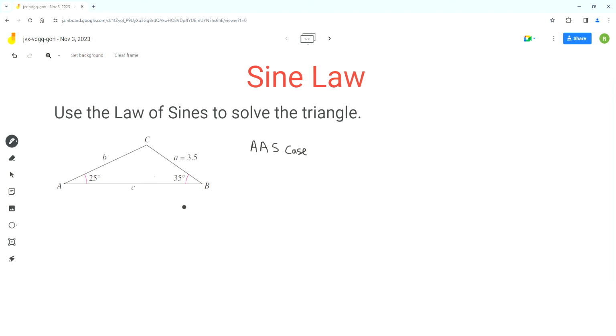Now the first thing we can do here is to calculate the value of angle C. We know that the sum of angles in a triangle is 180 degrees. So we can find the measure of angle C by subtracting these two given angles from 180 degrees. So this is our first step.